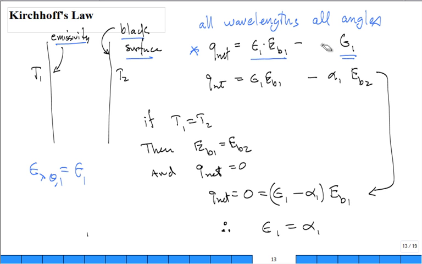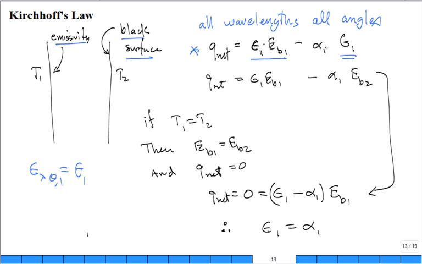Do you see my question on alpha? Yeah, it should be alpha 1, because it's what happens when it hits surface 1. Is it absorbed? That's the absorptivity of surface 1.